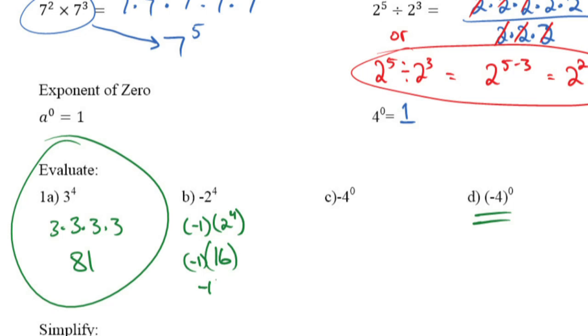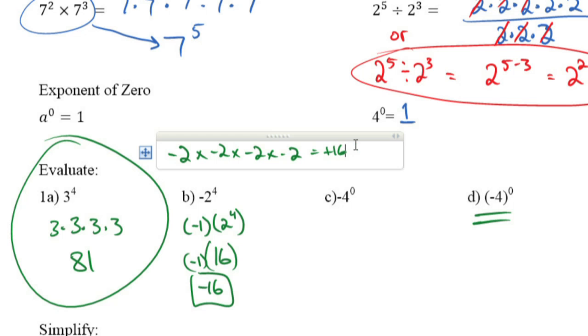And then I'm going to end up with negative 16, which doesn't really make sense because if you were to write it out as negative 2 times negative 2 times negative 2 times negative 2, you have an even number, so you should have a positive 16. But I believe the course does it differently, and you're saying, well, Mr. Borden, you can't do math differently.